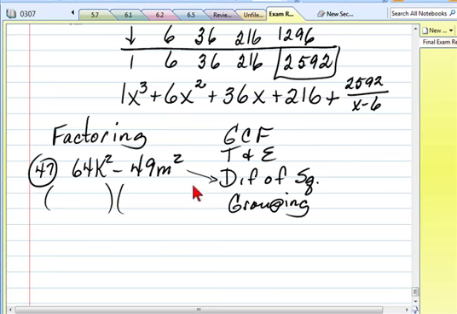So one of these is plus and one of these is minus. What is the square root of 64k squared? 8k. So I have an 8k in the first spots. And what's the square root of 49m squared? 7m. So my factors are 8k plus 7m and 8k minus 7m.